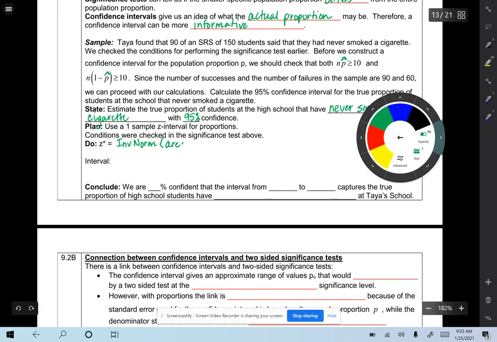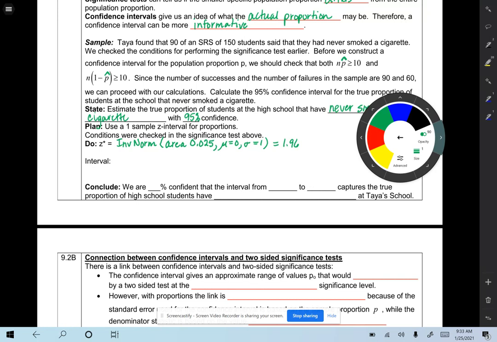So our area was 2.5%, so 0.025. Our mean is 0, and our standard deviation is 1. And that gave us a Z star of 1.96, which you could estimate at 2 if you didn't know how to do it, since that was one of the ones I told you probably should just memorize.